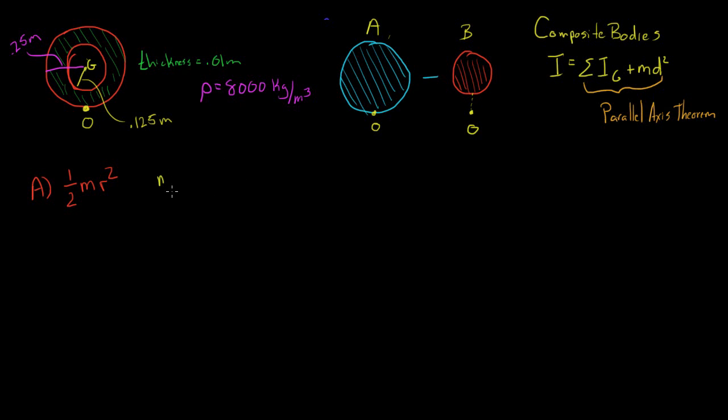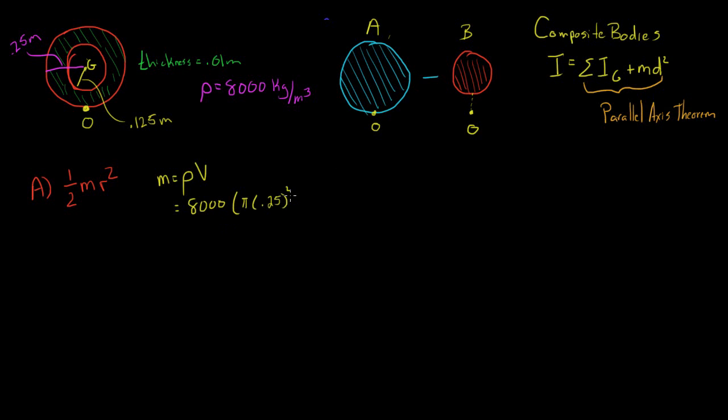So our mass is equal to a density times a volume. And this is equal to 8,000 times the volume of this thin disk. Well, what's the volume? The volume is going to be the area of a circle, pi r squared, and it needs to take into account the thickness.